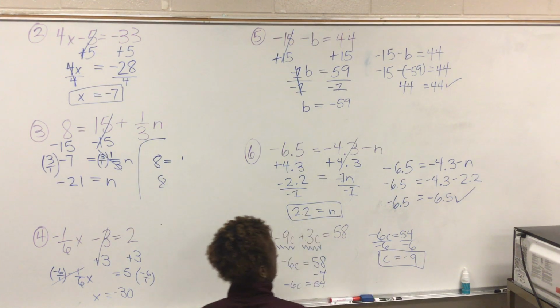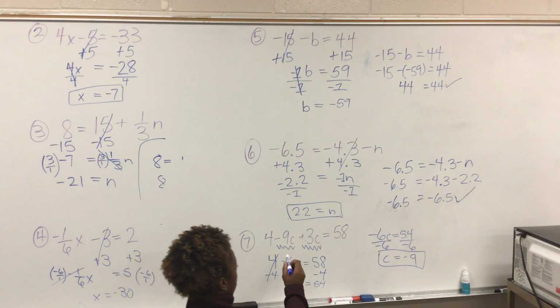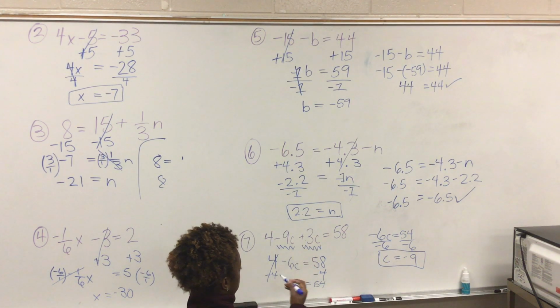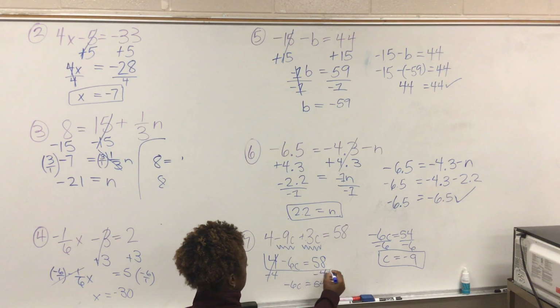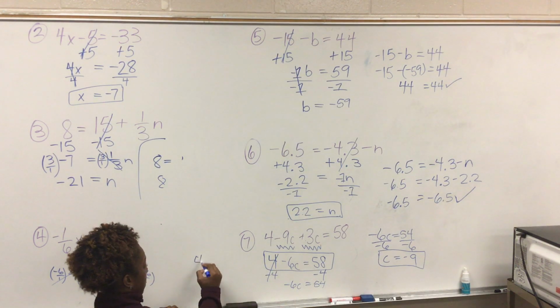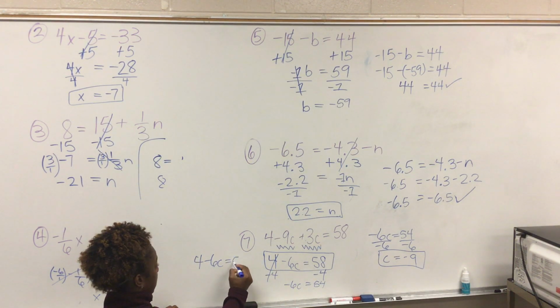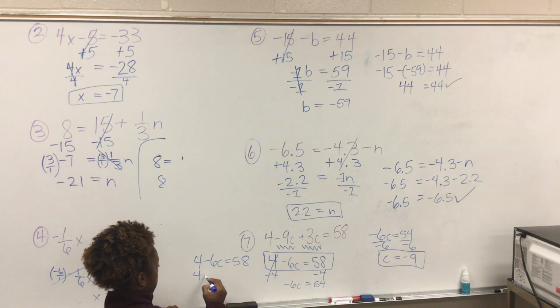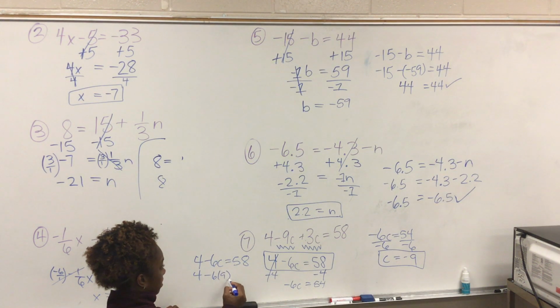Now we want to check our answer. You do not have to start here. You can actually start here at the step where you simplified. Alright? So that is 4 minus 6c equals 58. 4 minus 6 times negative 9 equals 58.